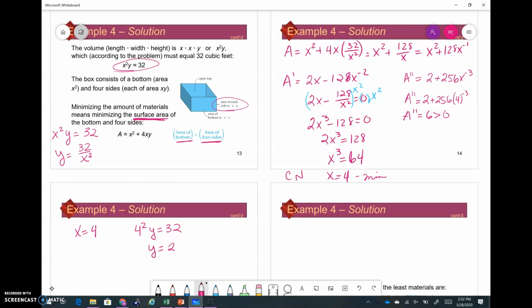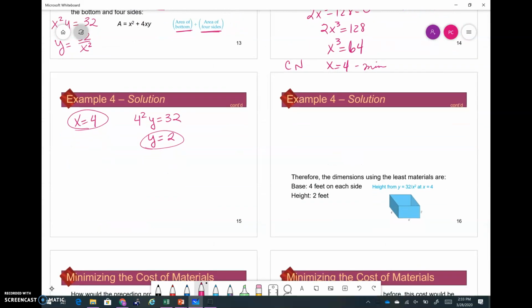So for this problem to work, to have the least amount of materials used, we need to have the base be a 4 by 4 square and the sides to be 2 feet tall. And you've got a picture of that at the bottom of slide 16.